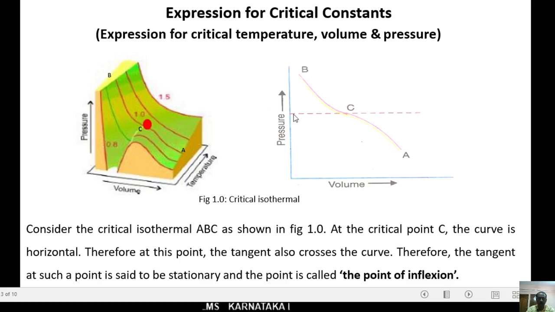Therefore, the tangent at such a point is said to be stationary, and that point is called the point of inflection.